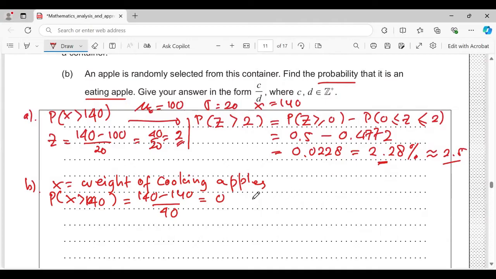On the table, if z is 0, the table shows 0.5, or 50%.